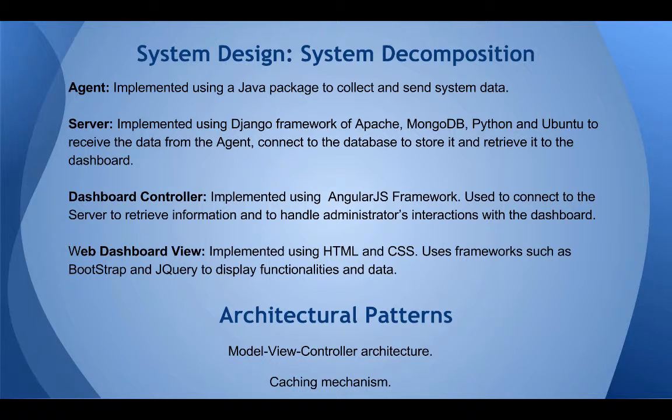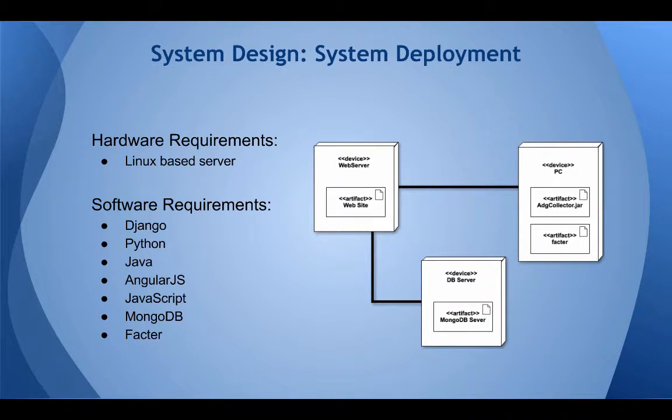The architectural patterns used within this project are the model view controller architecture and the caching mechanism within the agent. The system deployment is broken down into four components: the Factor tool and the collector, which both reside on the client systems within an organization, the web server, and the Mongo database.